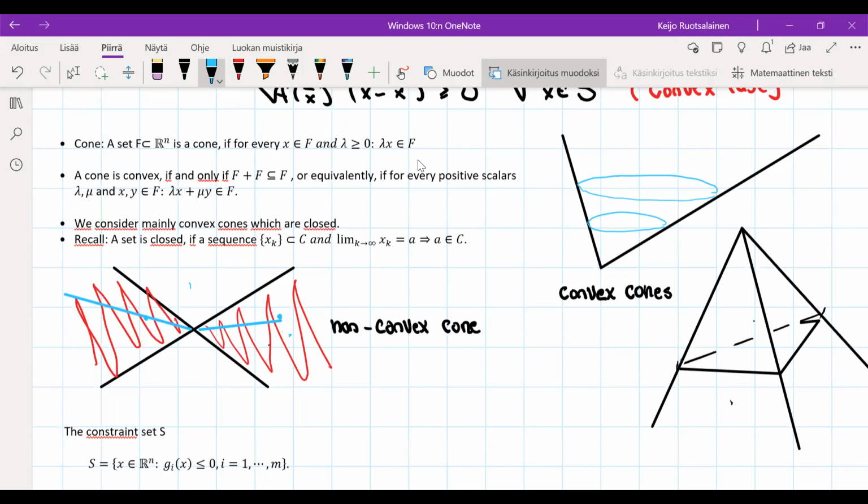Closedness means that a must belong to the set C as well. So we are not able to go out from our set by any limit process. You can imagine that this boundary is really a fence which prohibits you from leaving this set.